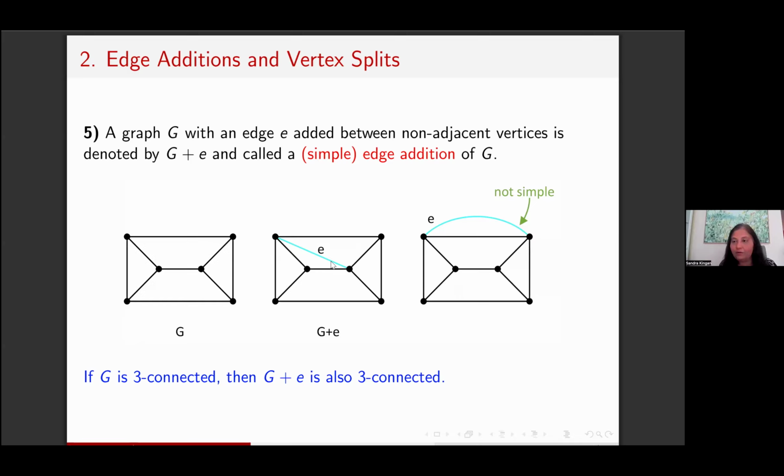Don't make any new vertices. You just add an edge between existing vertices, and that's G plus e. Don't do this, because this won't be simple. You wouldn't think of doing it anyway, I'm just mentioning it. And so if G is 3-connected, then G plus e is also 3-connected. All right, so that's edge addition.